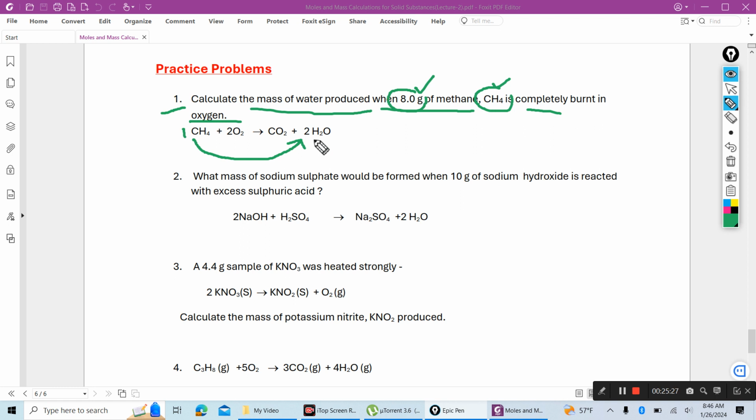Moles of water will be double of moles of methane. So methane mole multiply by 2, you will get moles of water. After that, mass of water will be number of mole times molecular mass of water. You will get this value.